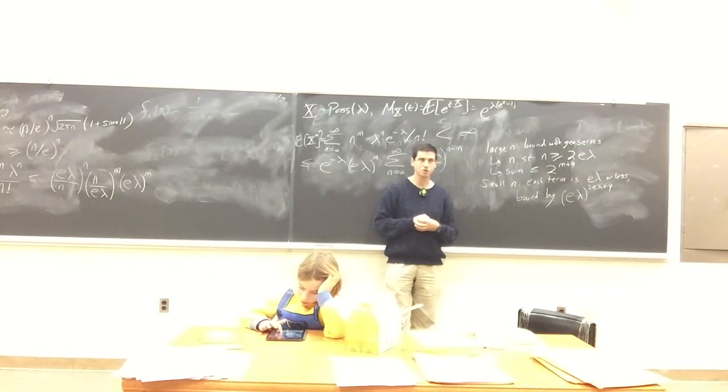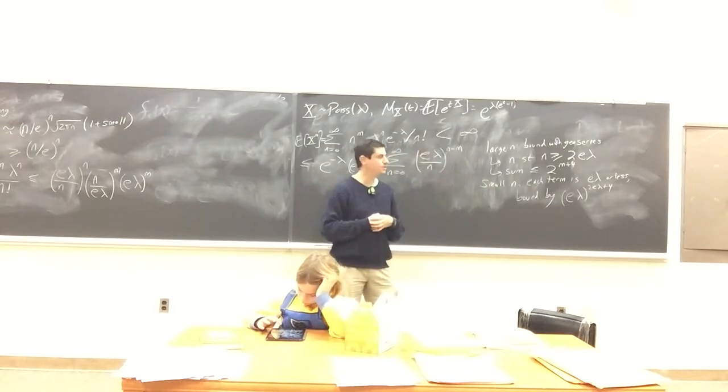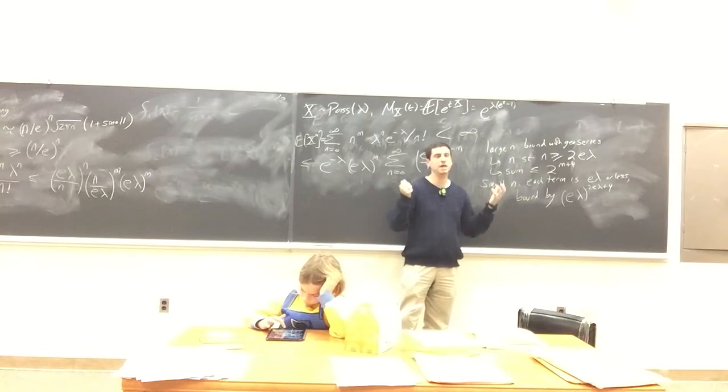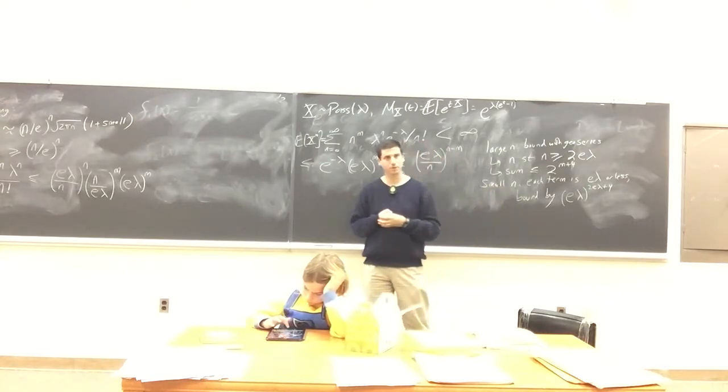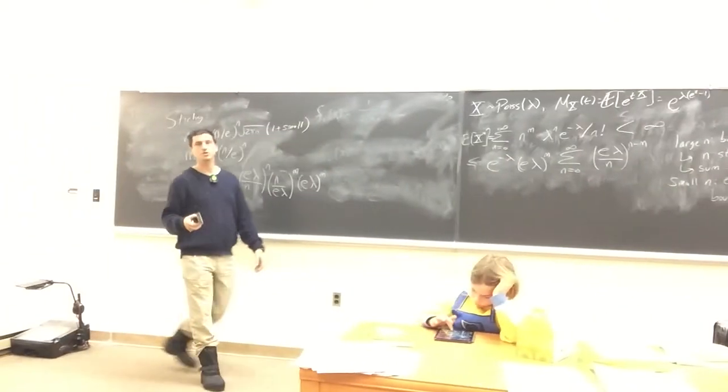Okay? So we're not going to worry too much about analysis like this, but let's say we have that the mth moment is growing by at most 10 to the m. Let's see what would happen. So this is overkill.